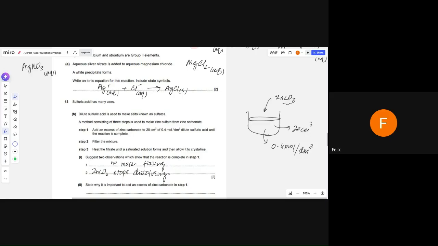Let me write down the whole equation as well, just for extra information so that you can understand it even better. So it is zinc carbonate reacting with sulfuric acid, H2SO4. They are going to produce zinc sulfate plus carbon dioxide plus water, right?